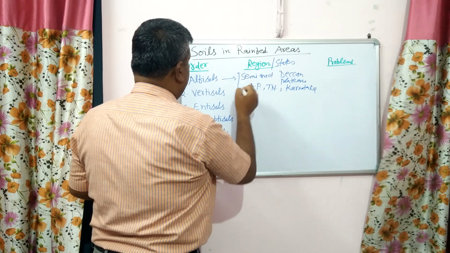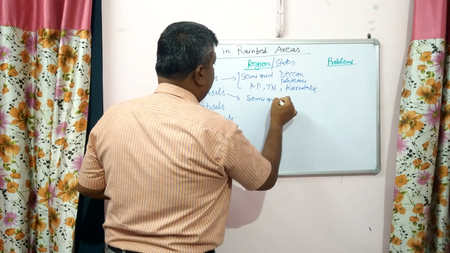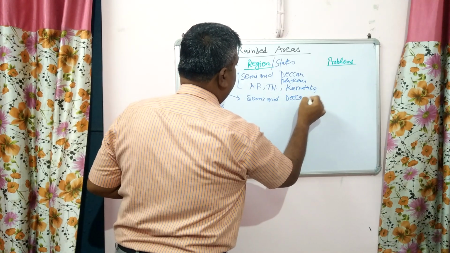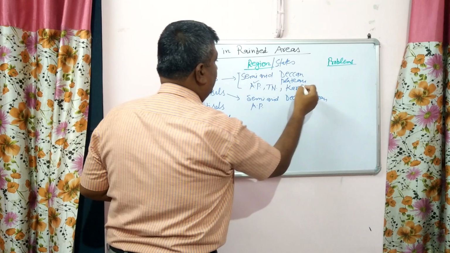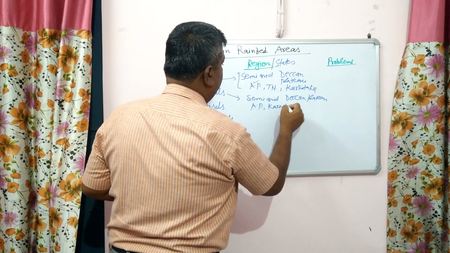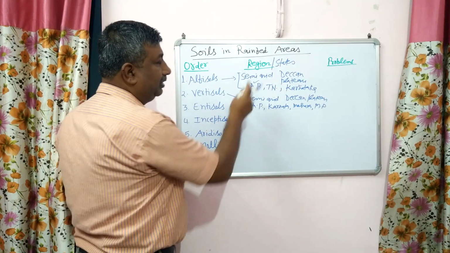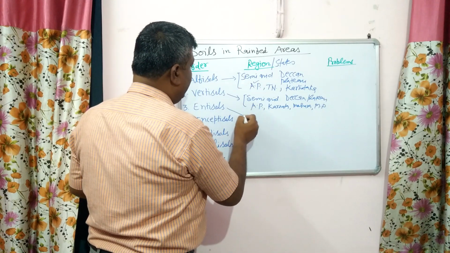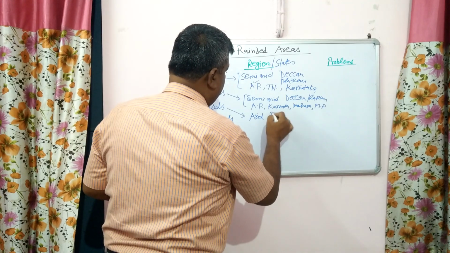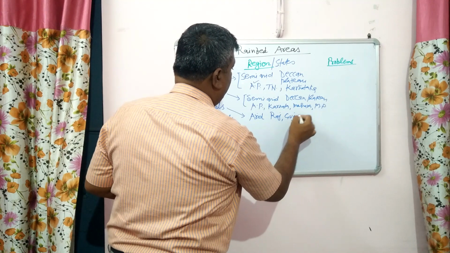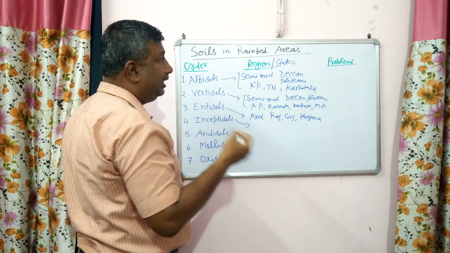Similarly, vertisols occur in the semi-arid Deccan Plateau: Andhra Pradesh, Karnataka, not Tamil Nadu, but Maharashtra, MP and adjoining states. These are the major states. And entisols occur in the arid region of Rajasthan, Gujarat and Haryana. And inceptisols occur in humid and semi-humid areas.